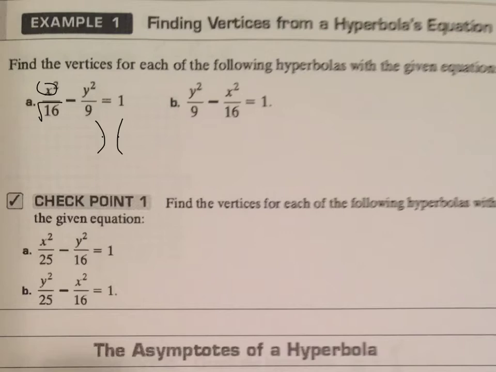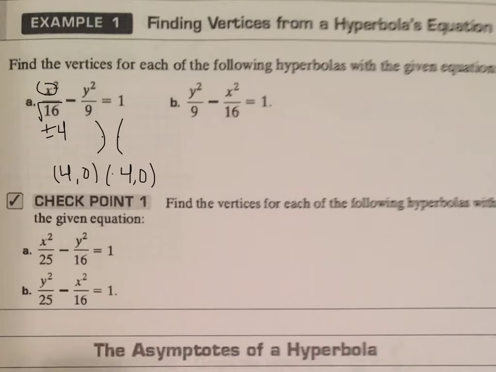Sorry, I circled the wrong thing. If we take the square root of 16, it's plus or minus 4, which means our vertices are (4, 0) and (negative 4, 0). If we plotted those, that's how we graph. We'd plot these points, and then we'd make our horizontal hyperbola.